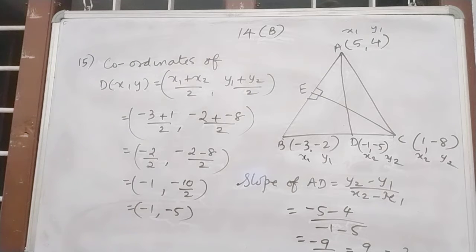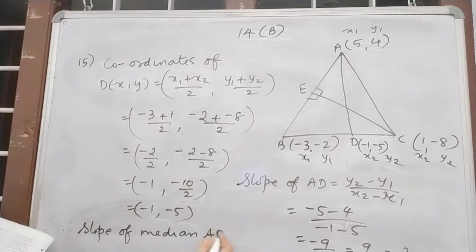Therefore, the slope of median AD is equal to 3 by 2. That is the second part of our question.